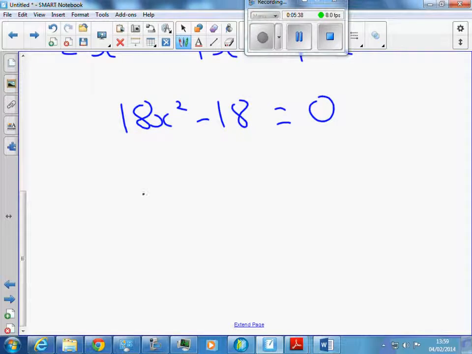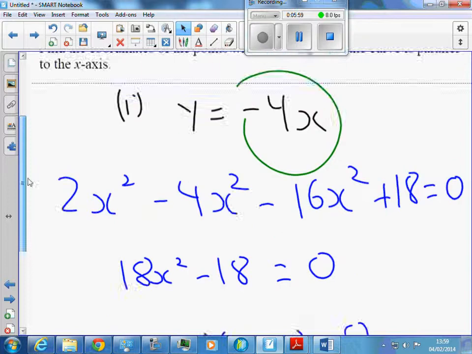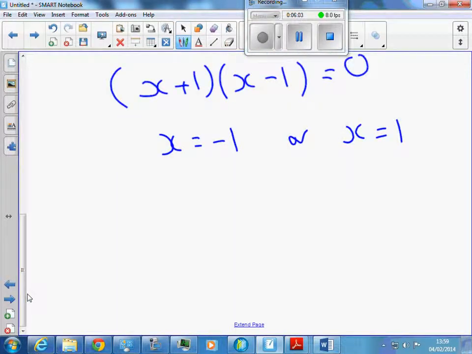If I divide both sides by 18, I'll get x plus 1, x minus 1 equals 0, after factorizing. So x is equal to minus 1, or x is equal to 1. And when that's the case, y is equal to minus 4 lots of x. Going back to this equation, so when x is minus 1, y is equal to 4.